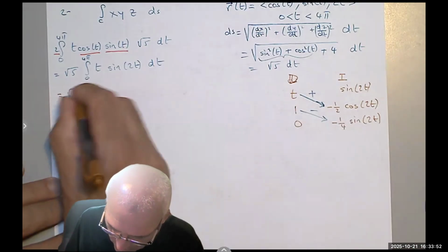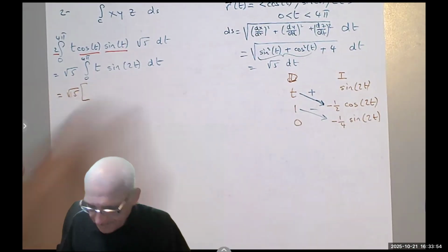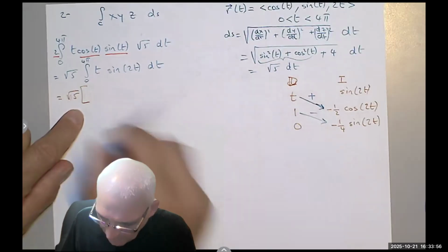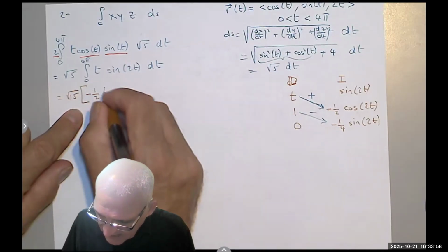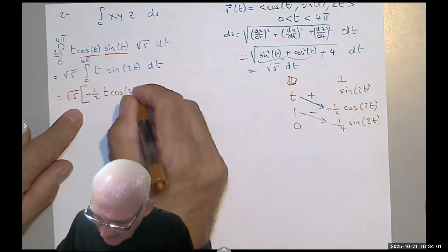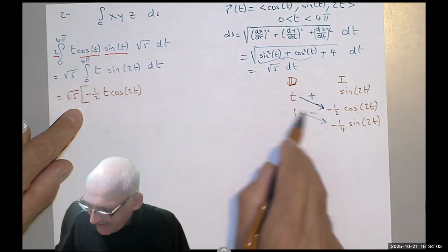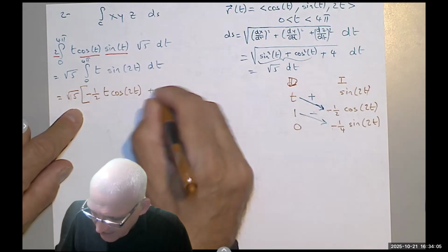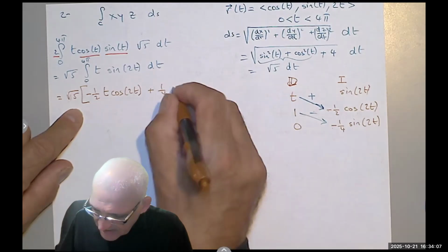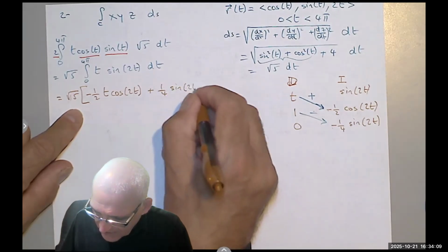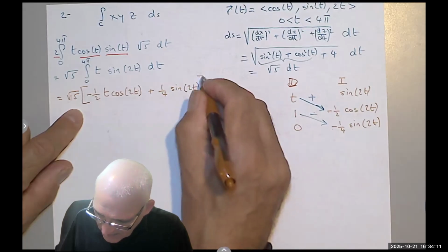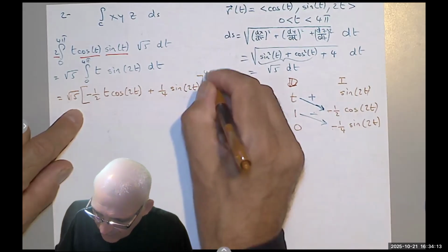So that becomes root 5 times negative 1/2 t cos 2t, and negative times negative is plus a quarter sine of 2t. And you go from 0 to 4 pi.